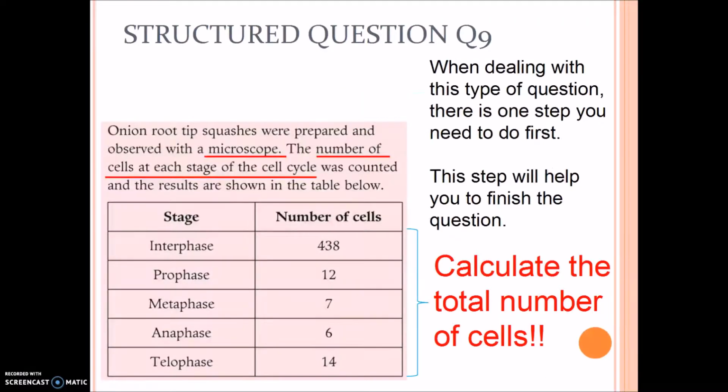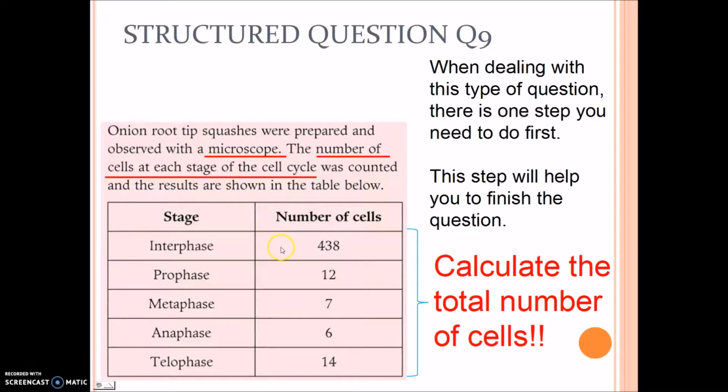So for question 9, in this question you are going to examine the number of the cells at each stage of the cell cycle. In this case, the onion root tip cells are squashed and prepared for the microscopic slide.